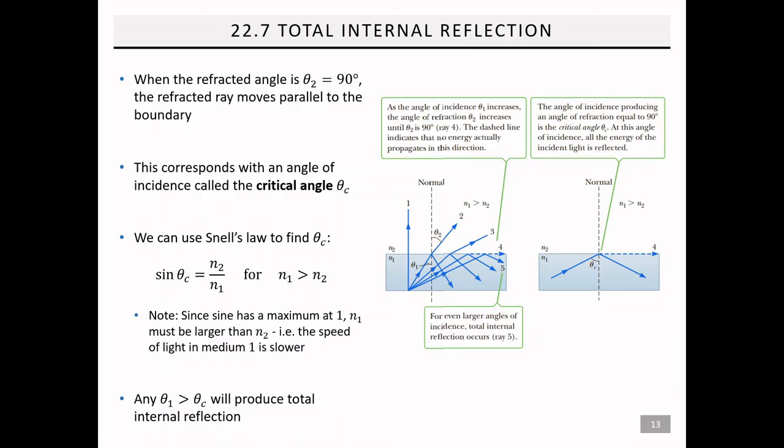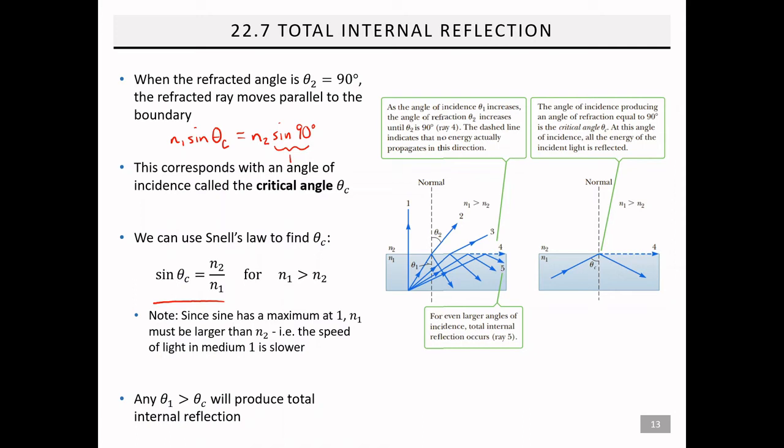Using Snell's law, I would write n1 times the sine of the angle of incidence, which I'm now going to call the critical angle, equals n2 times the sine of 90 degrees. So the refracted angle is 90 degrees. The sine of 90 degrees is just 1, so I can ignore that. And I can solve for sine theta with this equation at the bottom. I will get sine theta c is equal to n2 over n1. This is how we can determine the critical angle between two different media.